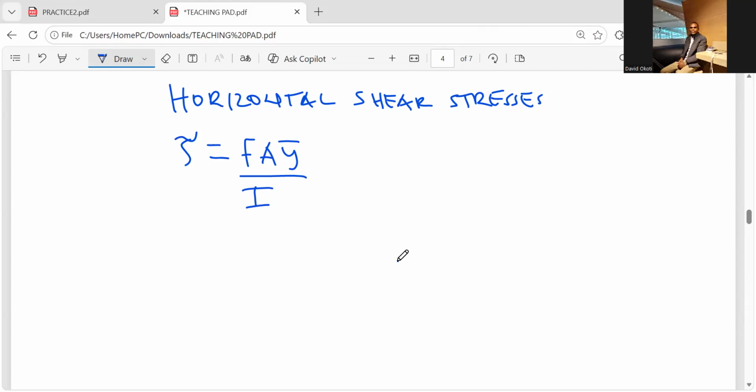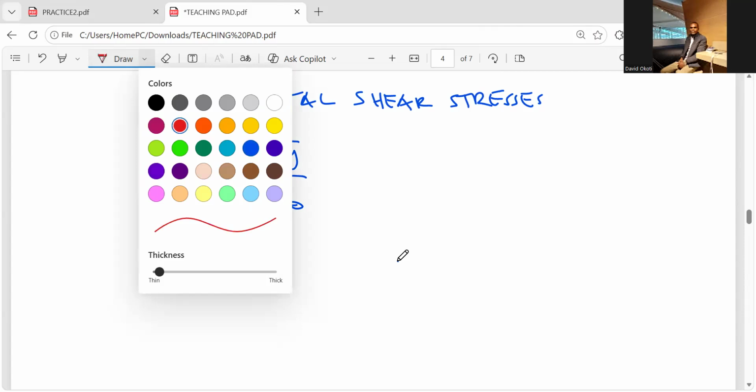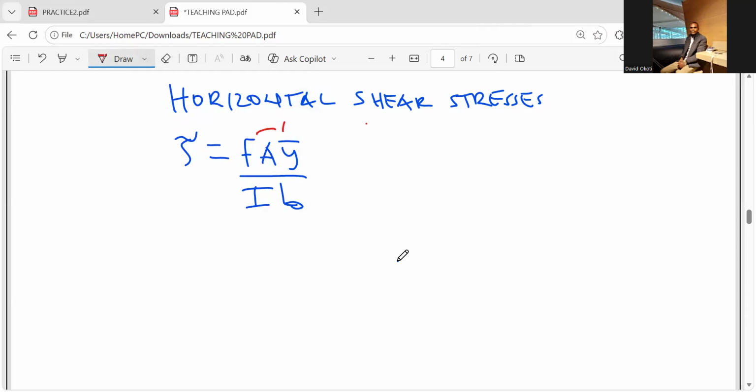Since a beam is a horizontal member, this moment of inertia I is Ix multiplied by the breadth of the section.